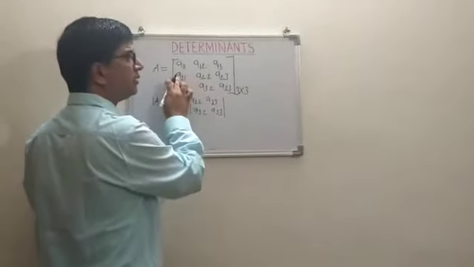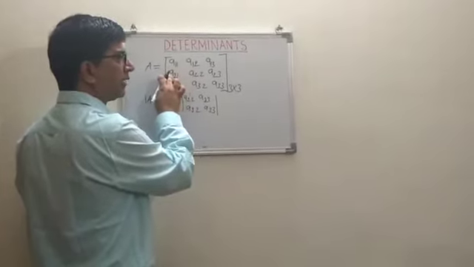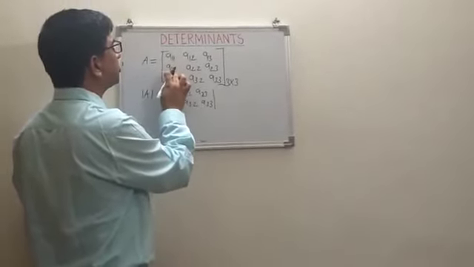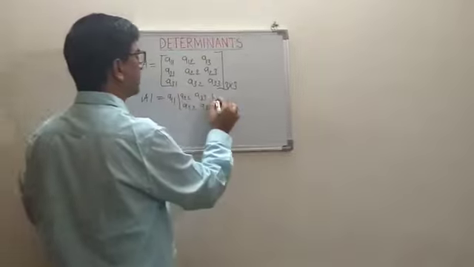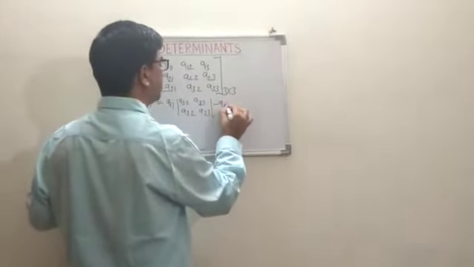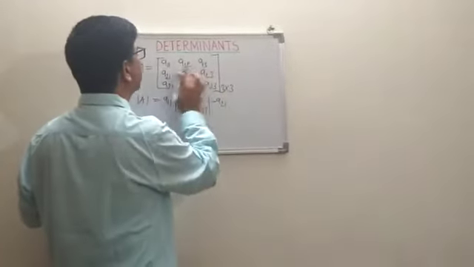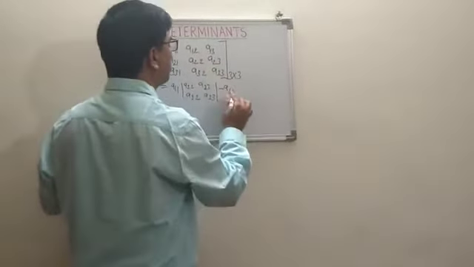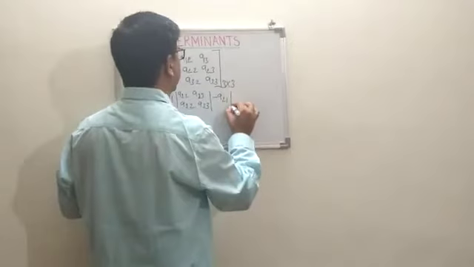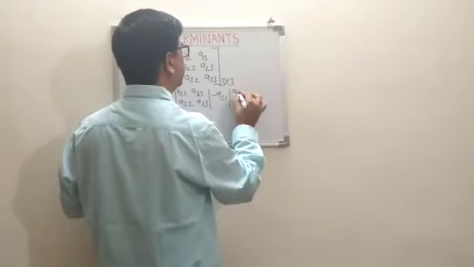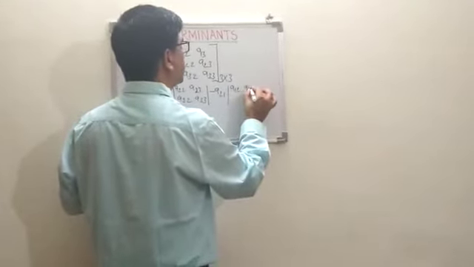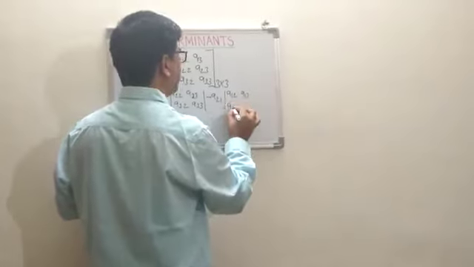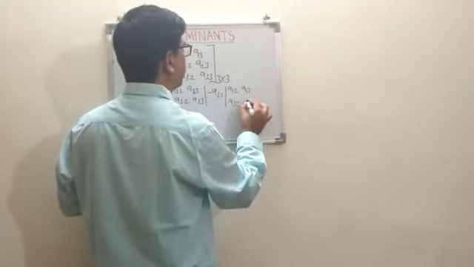The second entry is a negative entry because of the position 2 and 1, so that is minus A21 multiplied by the determinant obtained by eliminating its row and column: A12, A13, A32 and A33.